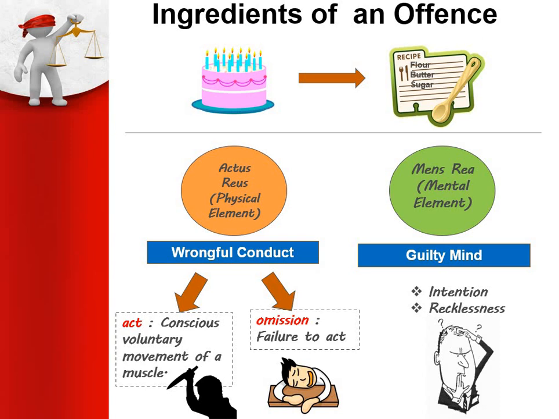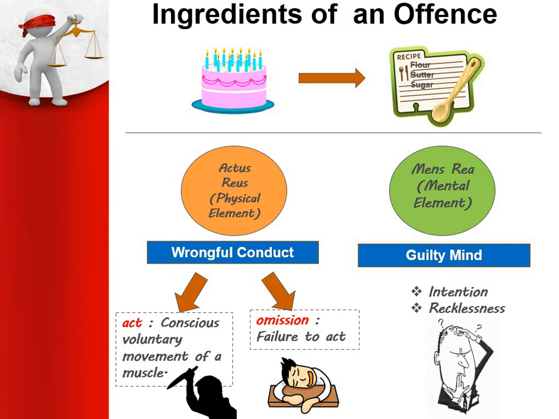Now, for example, if we take the offence of murder, if the defendant uses a knife to stab the victim, thereby causing the death of the victim, then the wrongful conduct is committed through an act because it is a conscious, voluntary movement of a muscle. On the other hand, we have an omission, which is a reference to a failure to act, or in other words, not doing something which a person is supposed to do or which he is under legal duty to do.